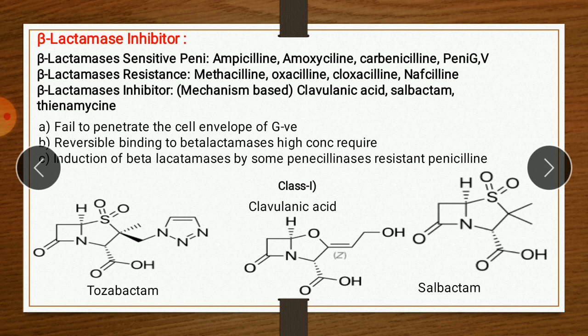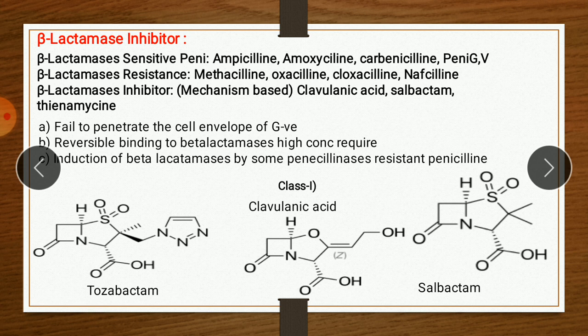But when given in combination, previously it acted in a good manner, but after some years this combination failed, because beta-lactamase resistant penicillin fails to penetrate the cell envelope of gram-negative bacteria, then there is reversible binding to beta-lactamase, and therefore high concentration is required.